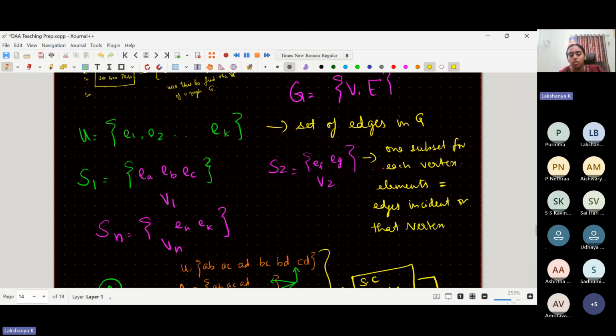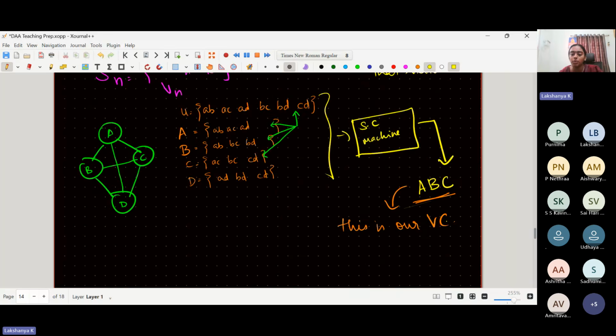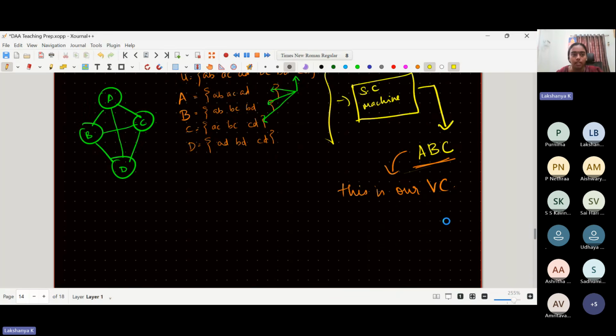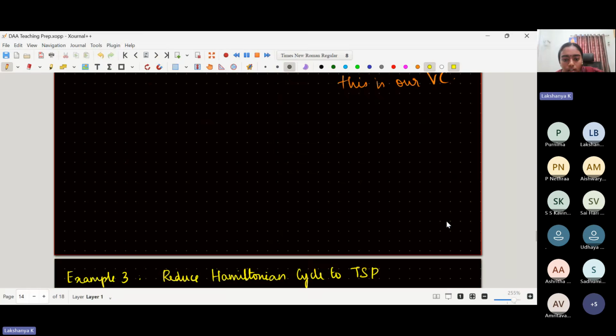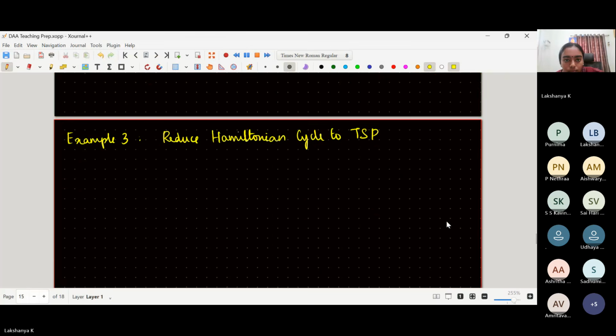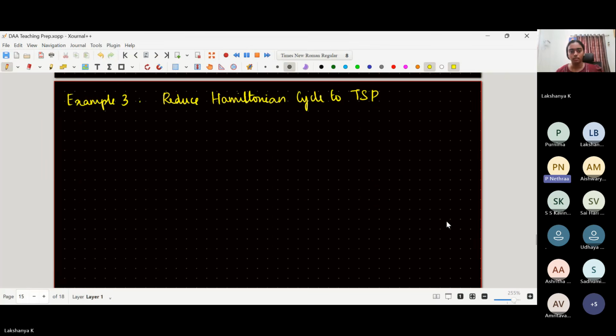And if you give this to your set cover machine, the output you get is directly going to be your vertex cover. Is that clear? Okay, we'll go to the next example. Any questions so far? I assume there are no questions.